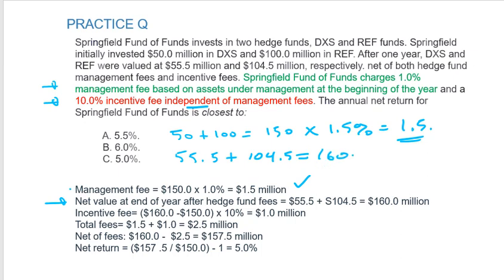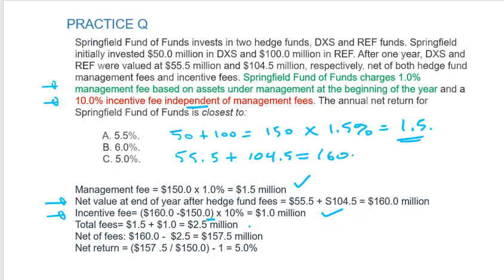So here, when we calculate the incentive fee, when it says independent of management fees, you can see we're not deducting the 1.5 million management fee. That's where it comes in. We're just doing 160 minus 150 times the 10%. So we have an incentive fee of 1 million, and that was independent of management fees.